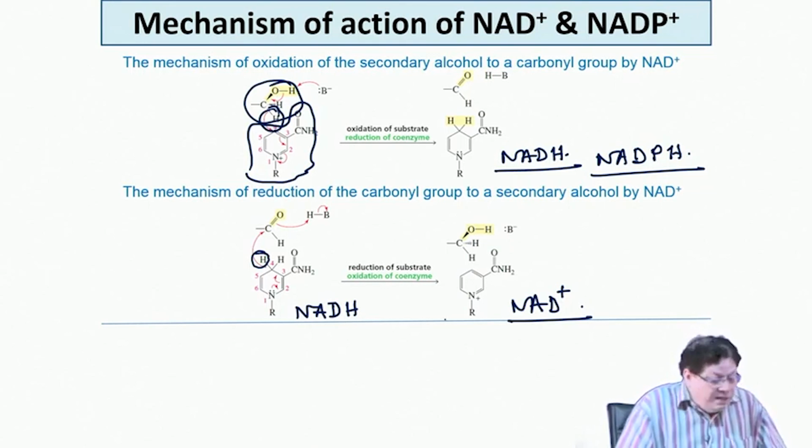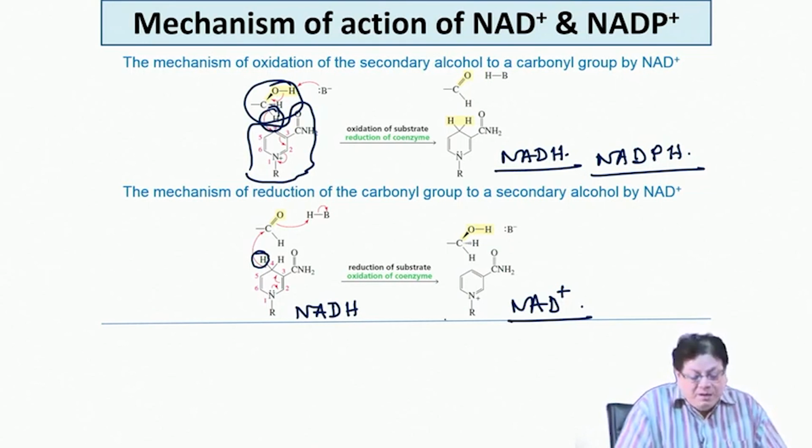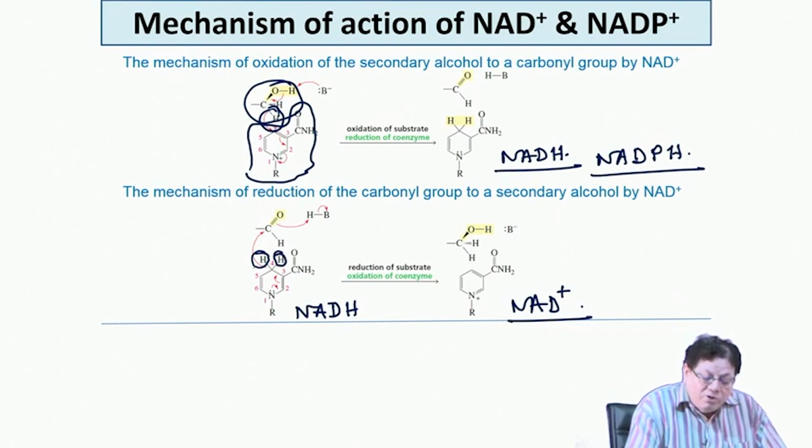And not only that, you have a stereochemical part here: these two hydrogens are basically enantiotopic because you have different chiral groups here. Okay.